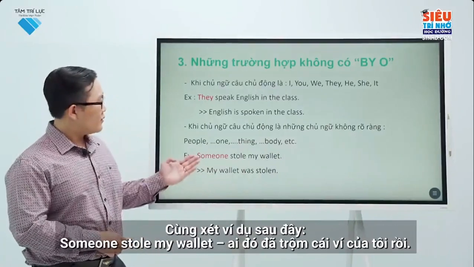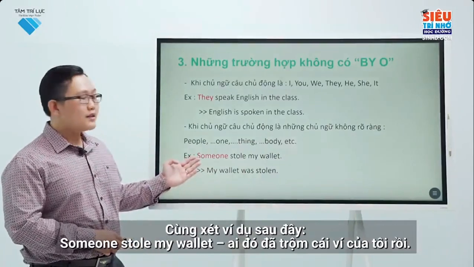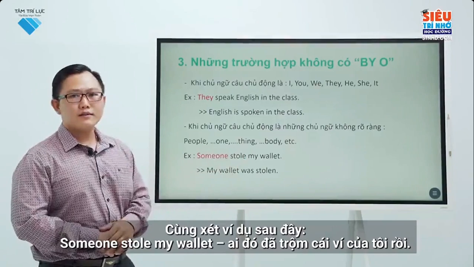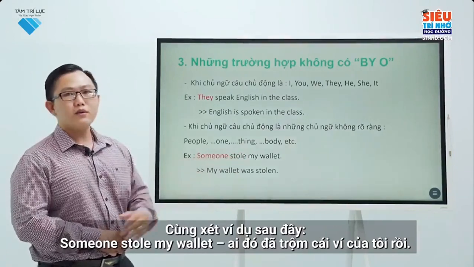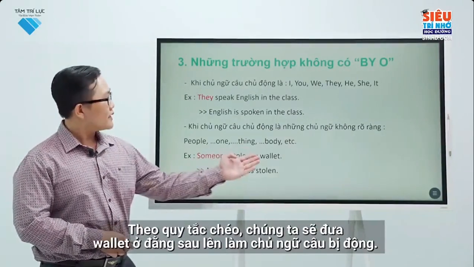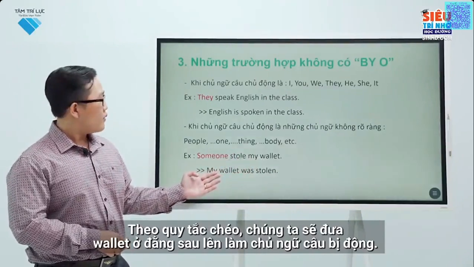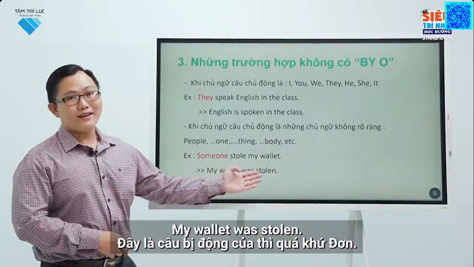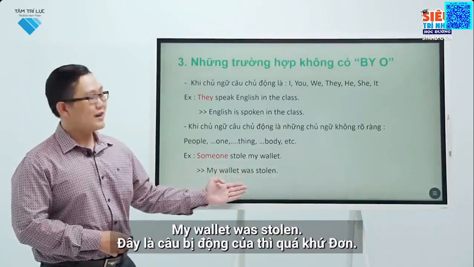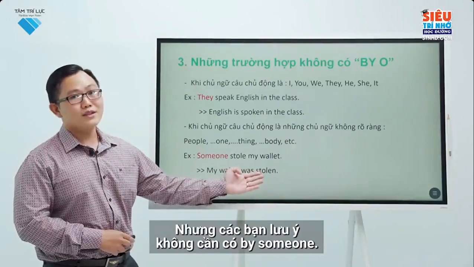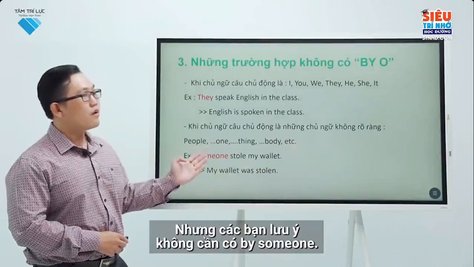Consider the following example. Someone stole my wallet. According to the rule of cross, we will put the wallet to the front to become the subject of the passive sentence. My wallet was stolen. This is the passive sentence of simple past, but please note there is no need to use by someone.